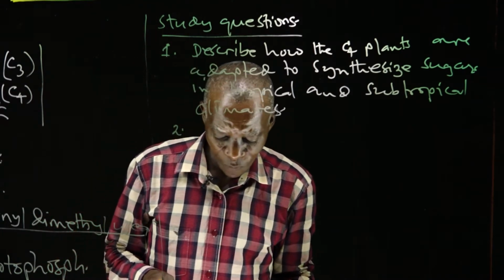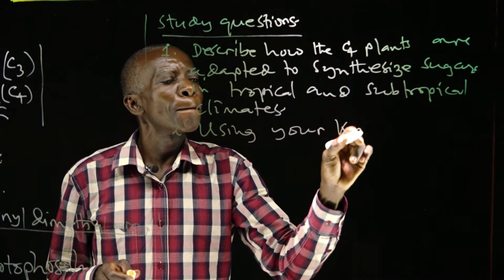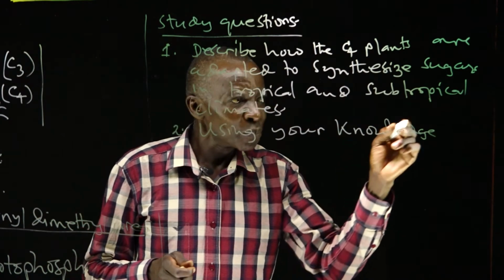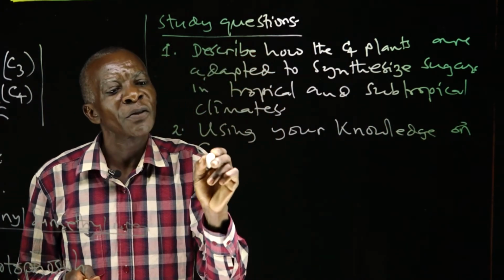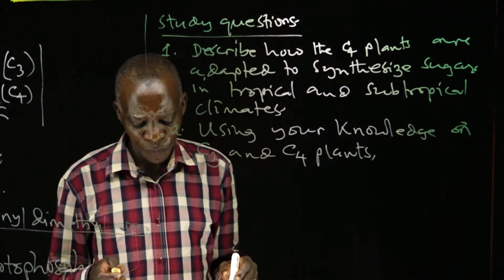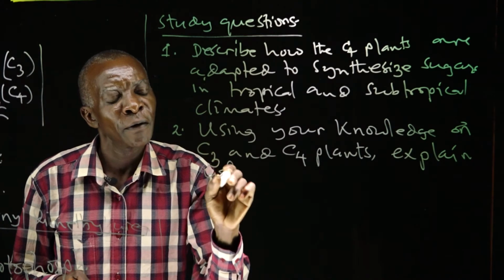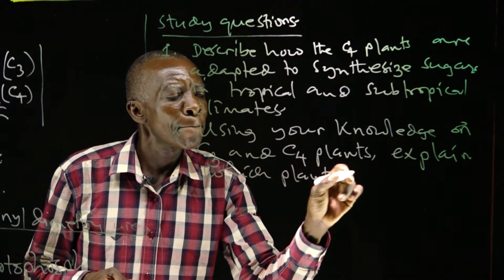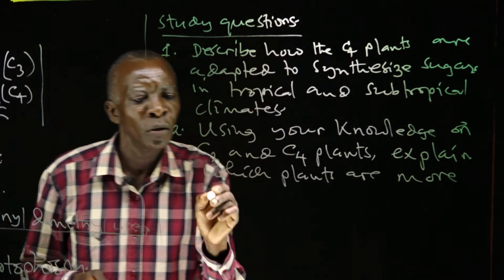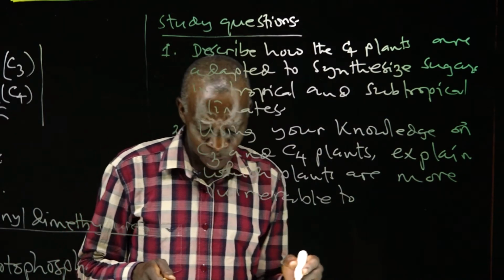The second question: using your knowledge on C3 and the C4 plants, explain which plants are more vulnerable to climate changes.